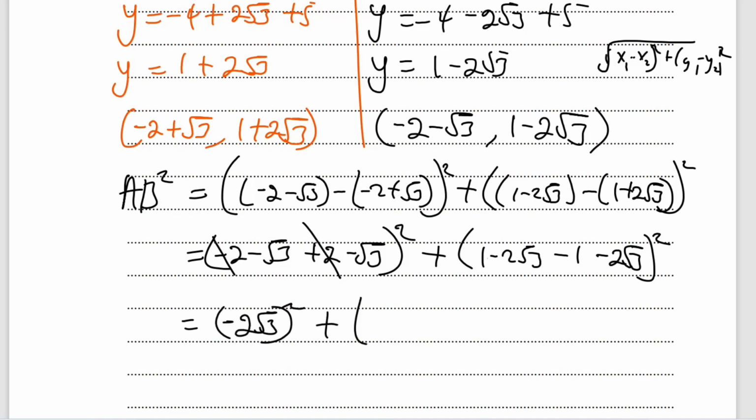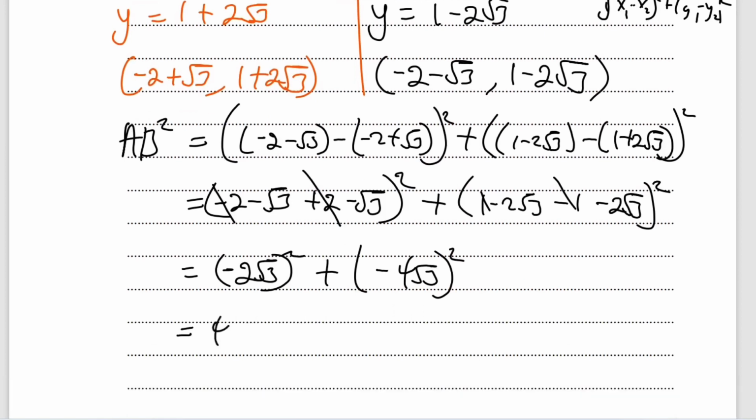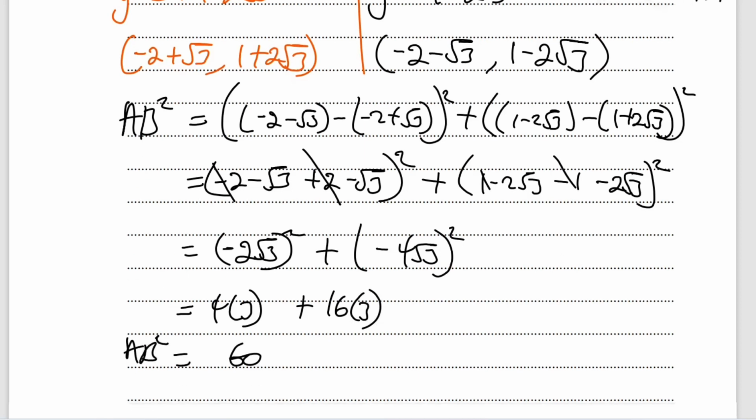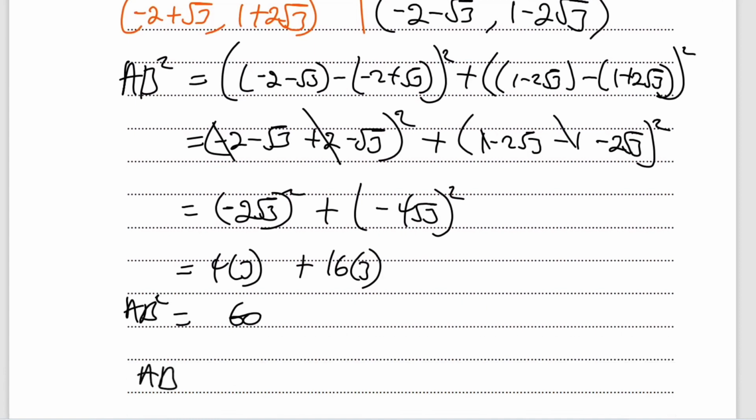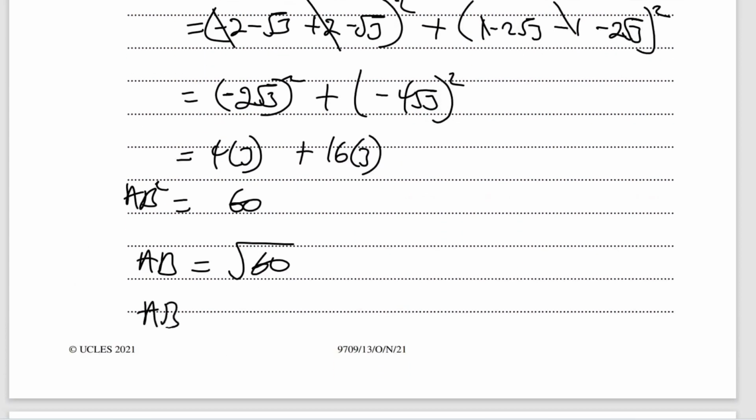Then here the 1's will cancel out, so I have negative 4 root 3 all squared. That ensures that I have 4 into 3, and then I have 16 into 3. And this should give me 60. So I know that my AB squared is 60. So if I want AB, I just take the square root of 60. So I can either leave it like this, or I can say that this is the same as 2 root 15, and I'm done. All right, simple as that.